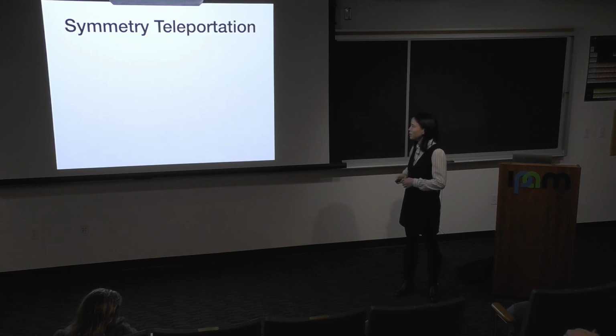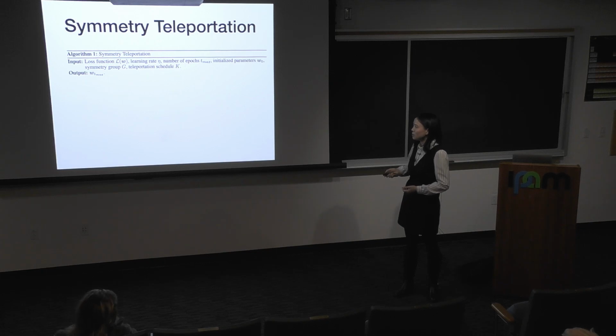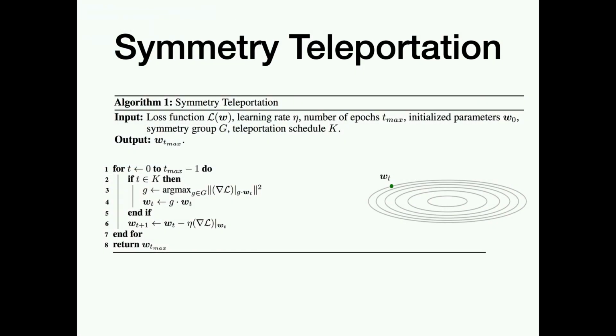Okay, so this is our symmetry teleportation algorithm. We start with a general loss function, we have some learning rate, and we initialize our parameters. So here, we start from here. Let's say we have the parameters of a neural network at time t, and then we can just do regular gradient descent.